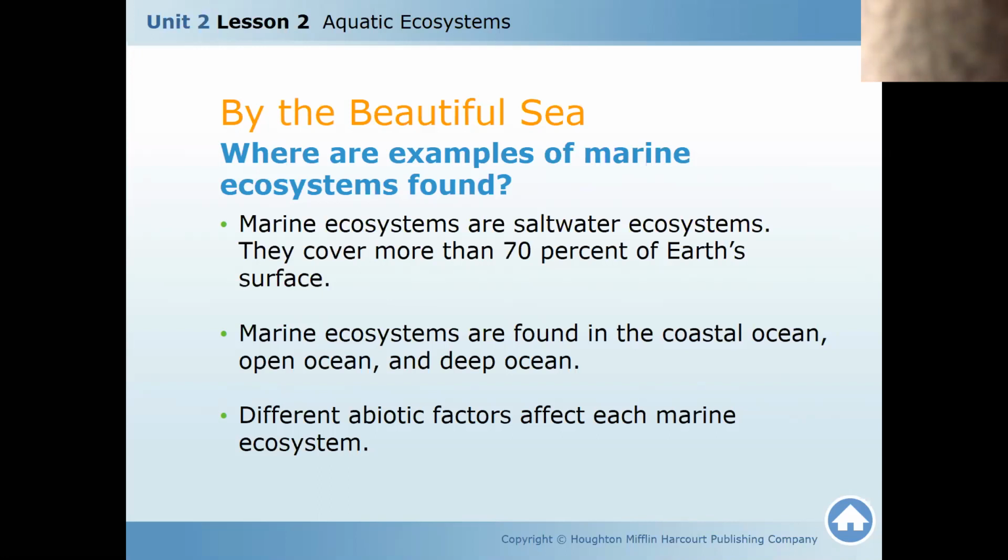Marine ecosystems are found in the coastal ocean, open ocean, and deep ocean. Coastal means the seashore areas. Open ocean is where you all usually go to the beaches. The deep ocean is deep inside.